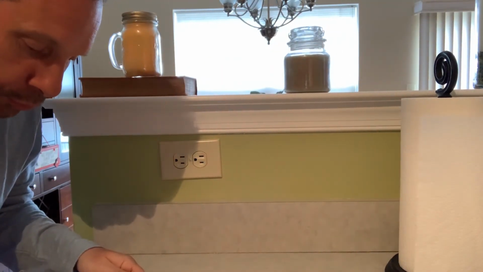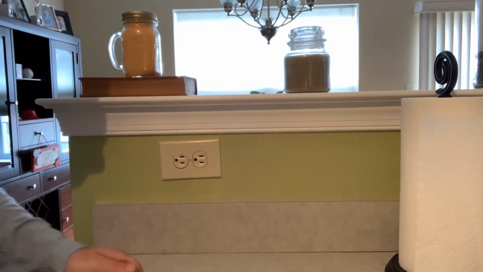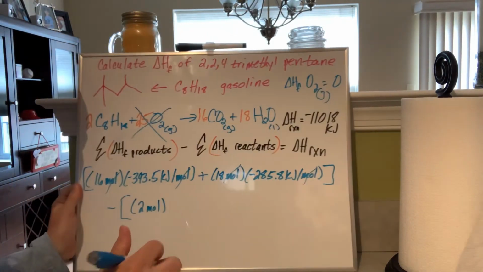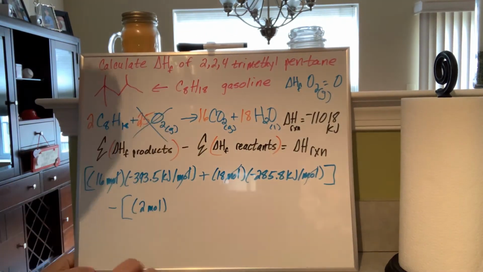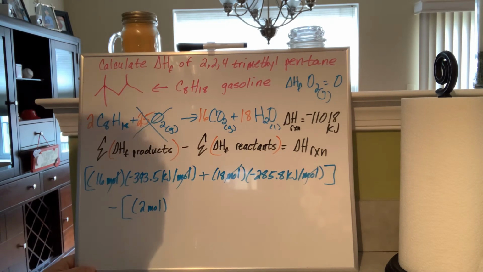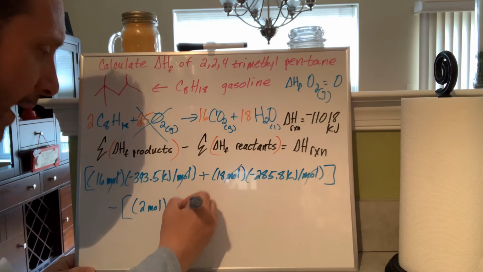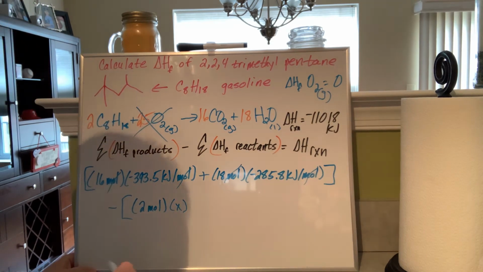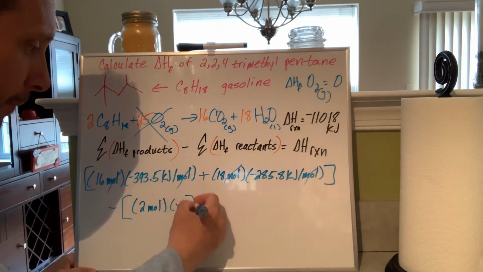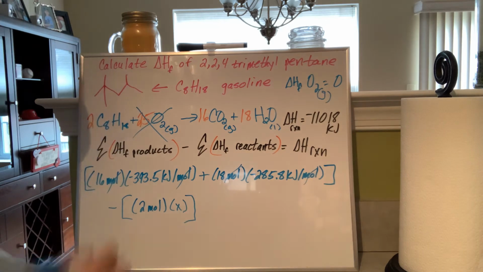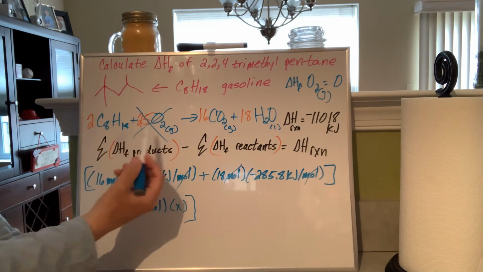Okay, but we're trying to calculate the delta HF value of it. So that means we don't know it. And again, anything we don't know, we call X, okay? Or you could call it delta HF. I don't care, really. All right, there we go. Now remember, there's no need to do a summation here because this is 0.